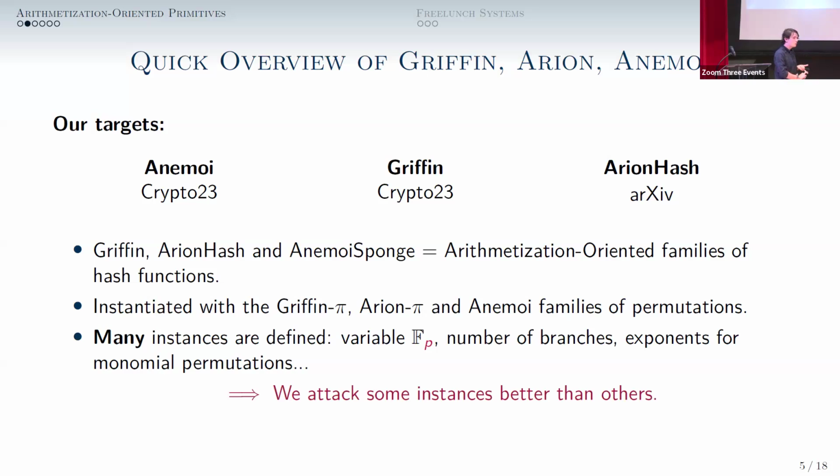The number of branches is a variable, so a parameter. And even the exponents for the nonlinear operations are parameters. For each of these parameters, they have a way of saying, we need this many rounds so that the primitive is secure. But for us, that ends up meaning that some instances we attack much better than others. Just something to keep in mind.